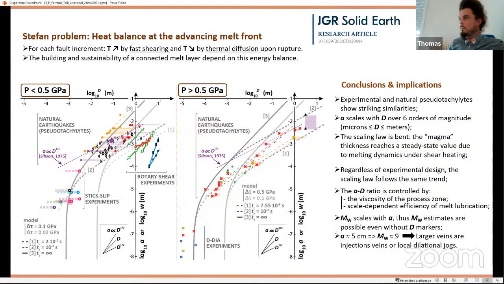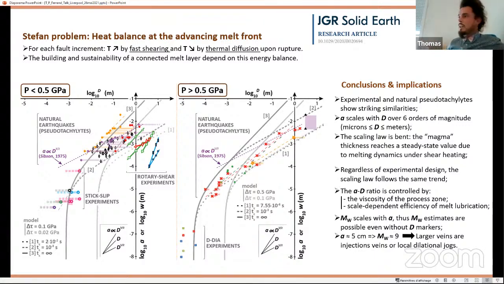So this can be seen as solving a Stefan problem. We calculated the heat balance at the advancing front. You have to imagine that this is a magma wave, kind of. Sorry for people who don't want to use these words in this context, but let's imagine a magma cushion moving just behind the rupture front at the rupture velocity, but the magma does not propagate itself, only the melting propagates, right?